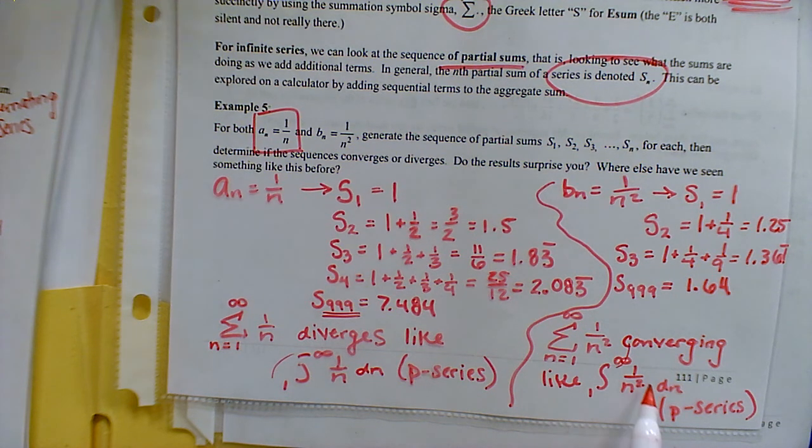This integral converges to 1, but clearly the series is not converging to 1. You're not getting closer and closer to 1. So there is a connection, but not an exact connection. We're going to discuss that a little later in this section too.